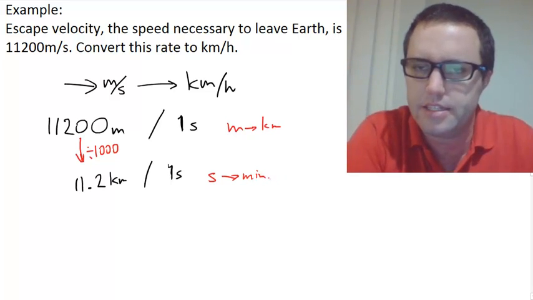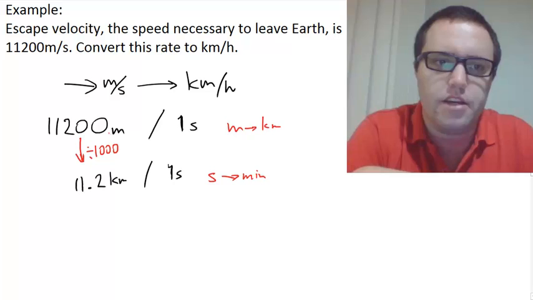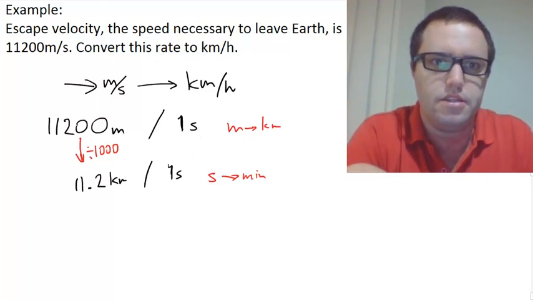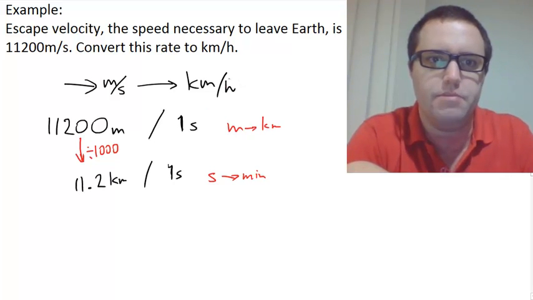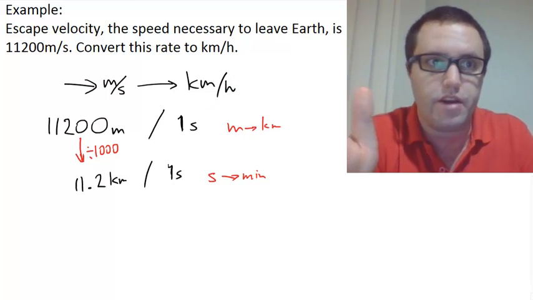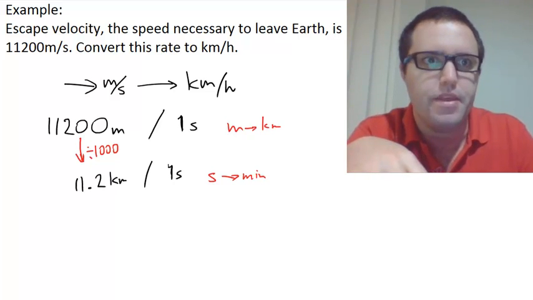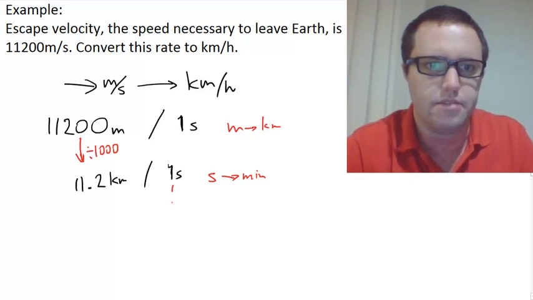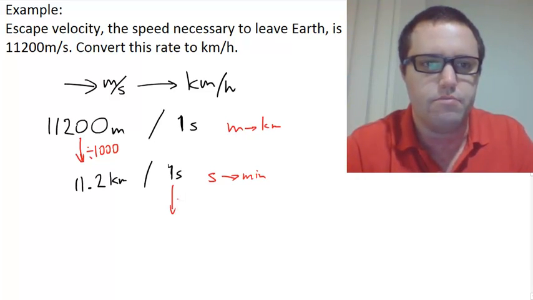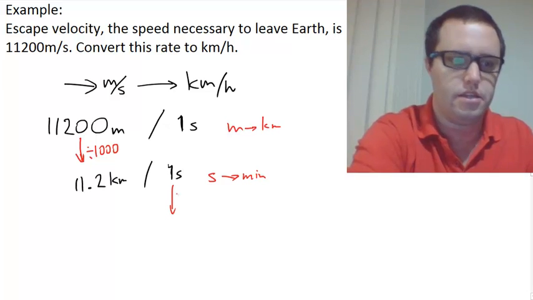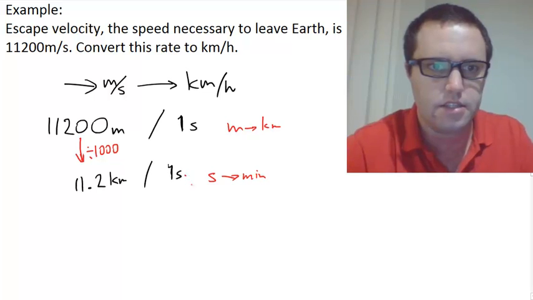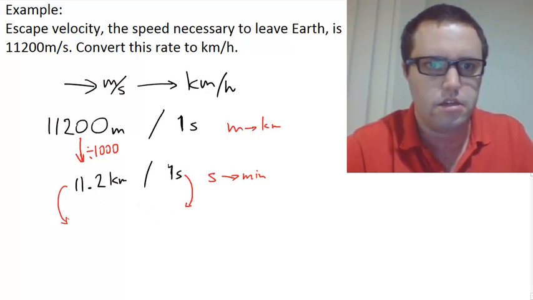There are 60 seconds in a minute, but instead of dividing like we did here, because there's 1,000 meters in a kilometer, because the seconds is the per part, the time is the per part of the rate, the dividing part, we actually multiply. So there are 60 seconds in a minute, so we have to multiply both sides by 60.